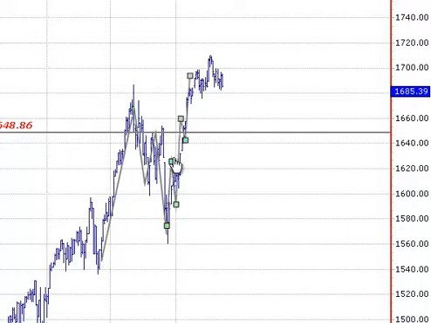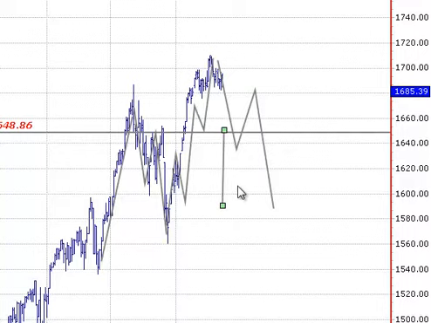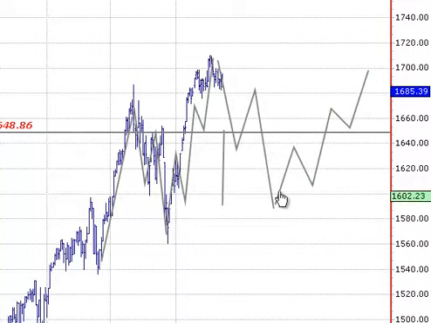Then we have the first high up above the level from that point, and then we have the ABC correction, which normally I find the distance above here is normally the distance below here that we'd be looking at. So it is possible that we can have this larger correction unfolding through here as well.